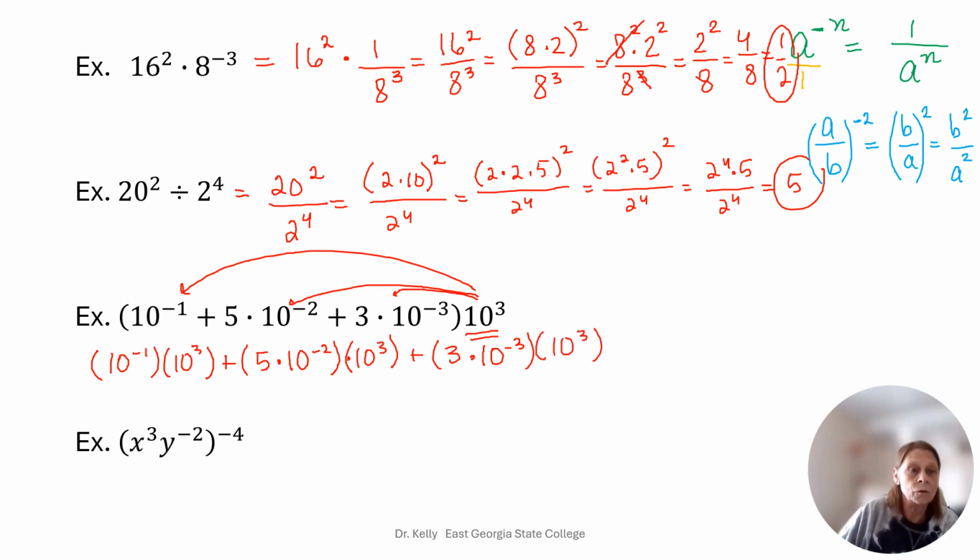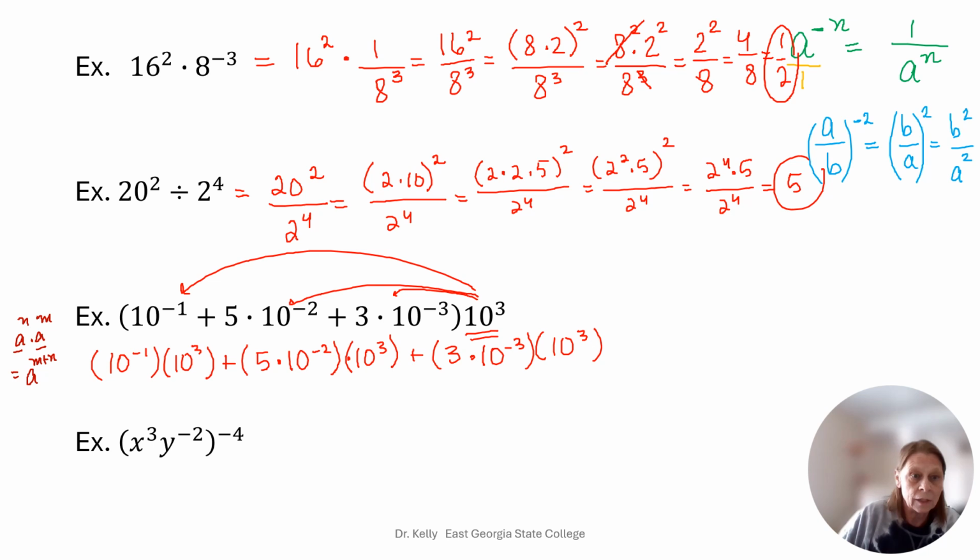Now we're going to use the rules of exponents here and deal with these tens. If we have the same base, this rule is a to the n times a to the m equals a to the m plus n, so we get to add the exponents.